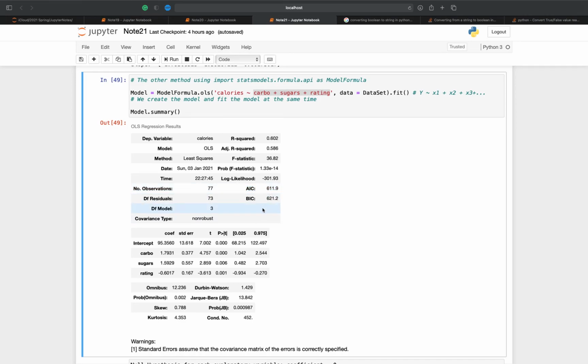BIC is the estimate of a function of the posterior probability of a model being true, under a Bayesian setup. So a lower BIC means the model is considered more likely to be the true model. BIC is similar to AIC but has a higher penalty for models with more parameters.